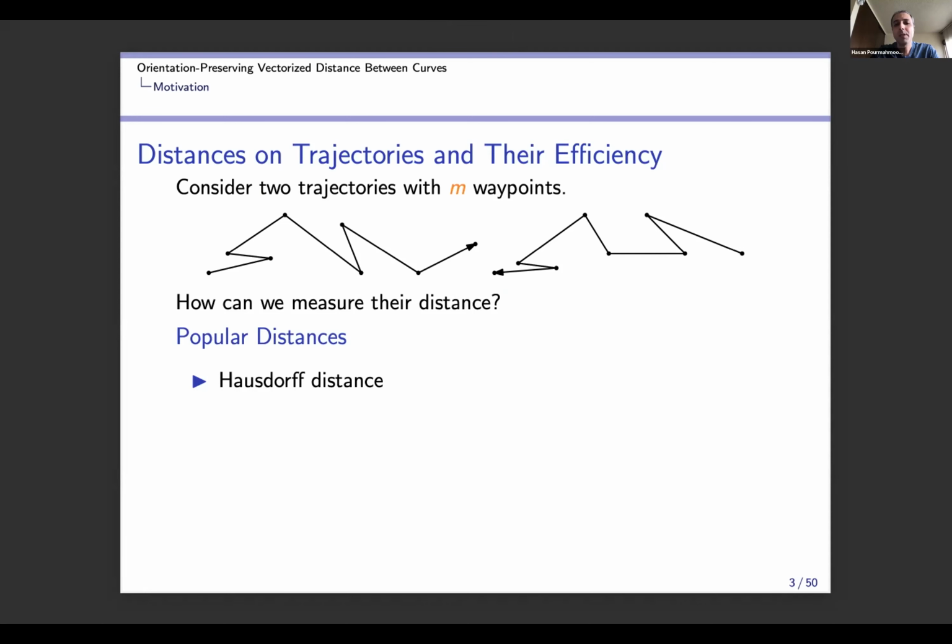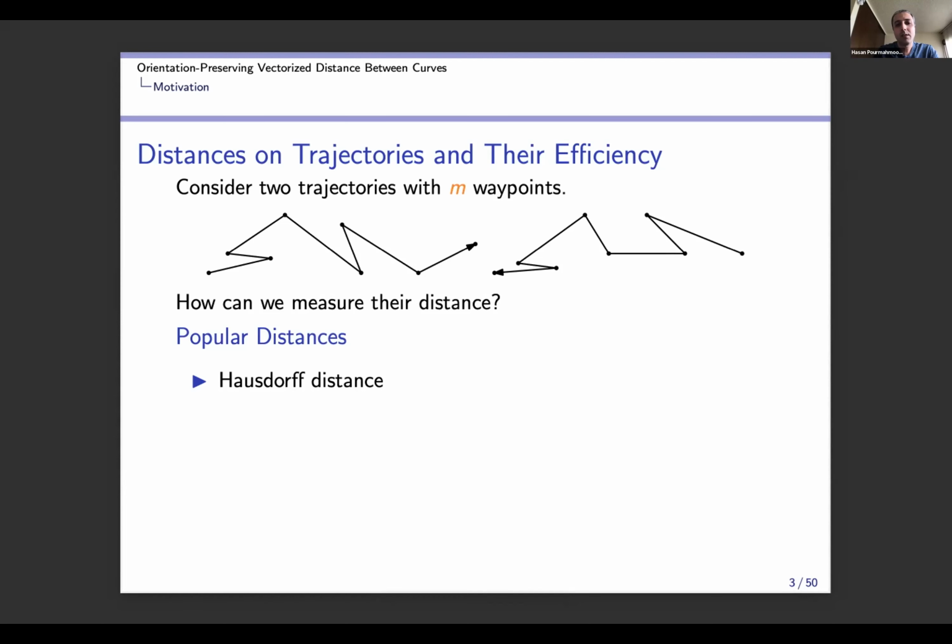By orientation preserving property, I mean if we have two curves that are geometrically the same but with different directions, then the distance should assign a positive value for these two curves.